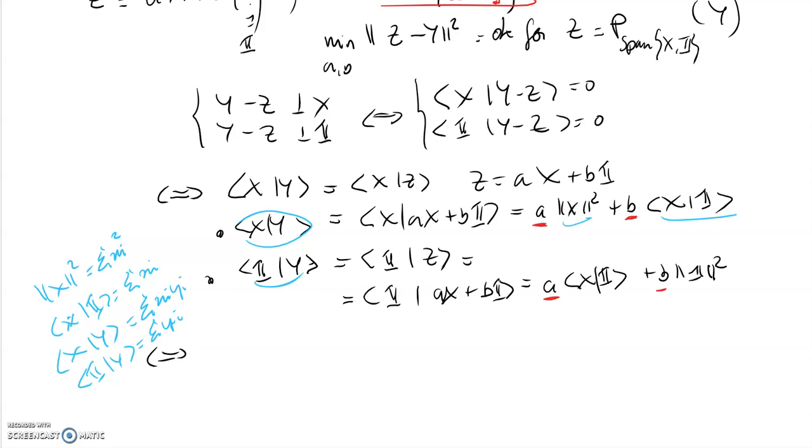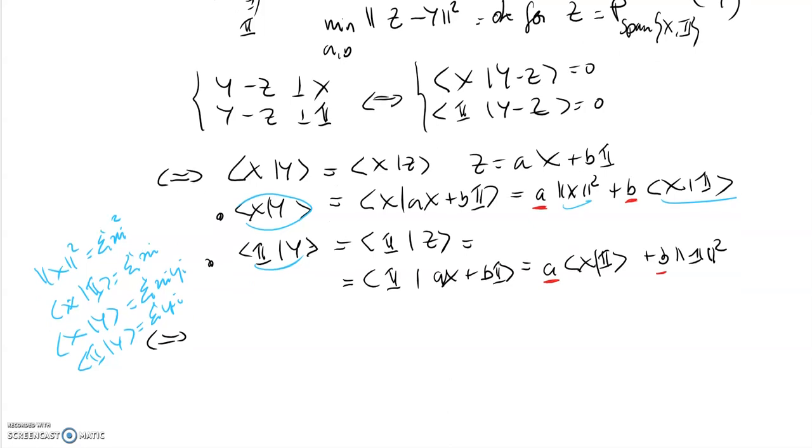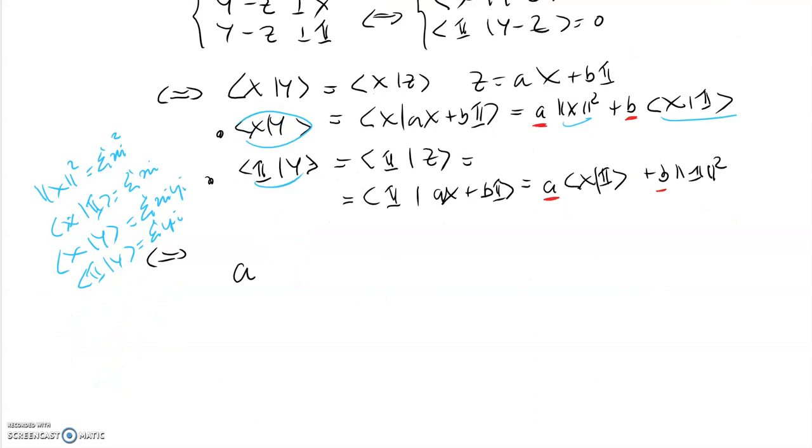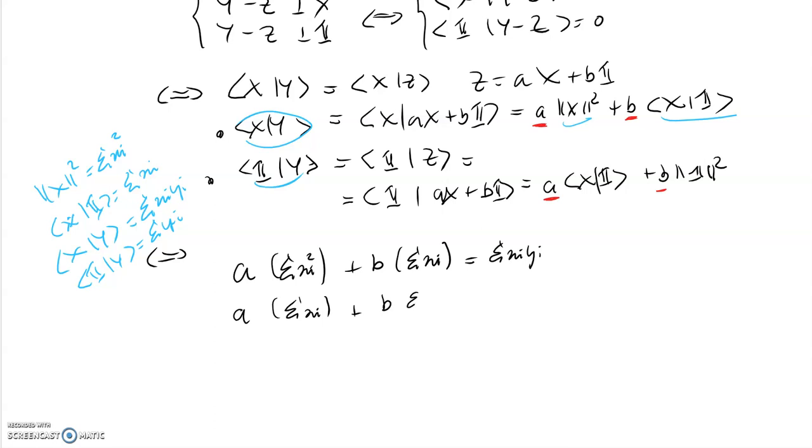So eventually, what do I get? I get a, my unknown, times the sum of xi squared, plus b times the sum of xi, equal to the sum of xi yi. The second equation is a times the sum of xi plus b times the sum of ones, from 1 to n.